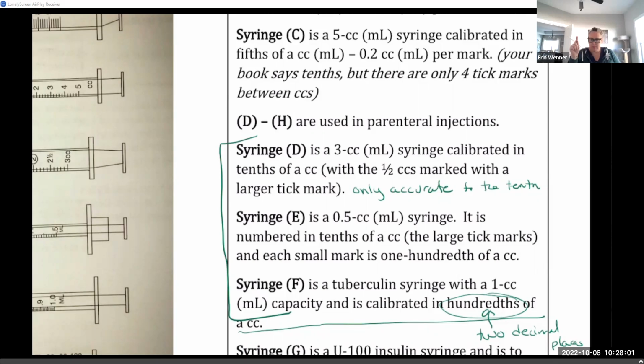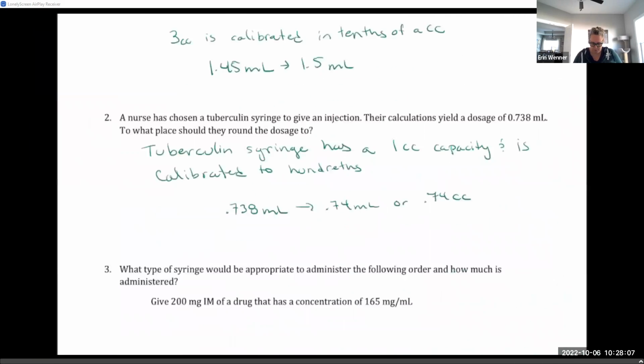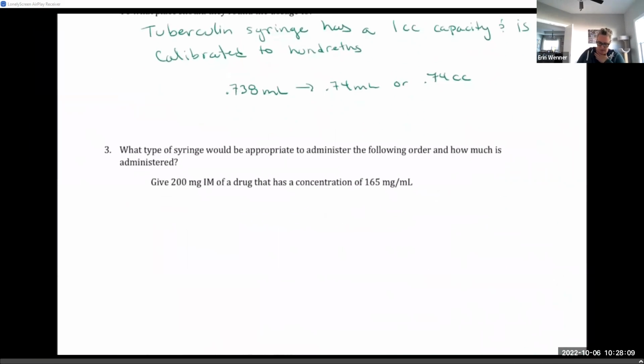So keeping those in mind, let's calculate how much medication we actually have to give. We want to give 200 milligrams of the drug, and we can use this concentration that's 165 milligrams per milliliter. Remember, this is 165 milligrams over 1 milliliter, or we can use it as 1 milliliter over 165 milligrams.